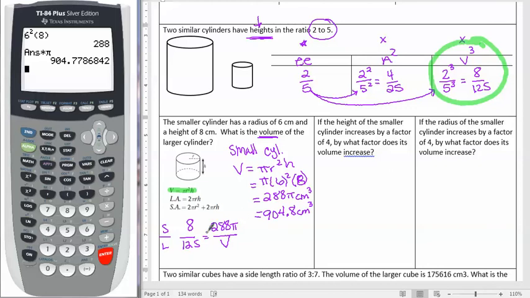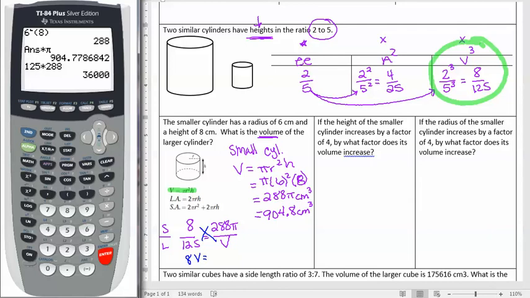In order to solve this, I'm going to cross multiply. I'm going to get 8v equals 125 times 288. Let's see what that is. 125 times 288, I get 36,000.